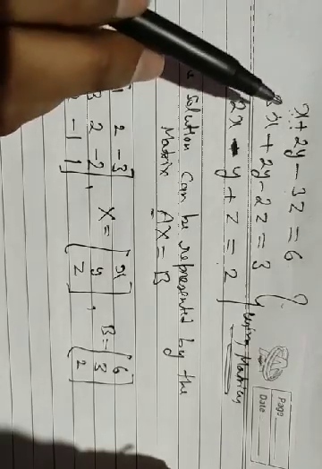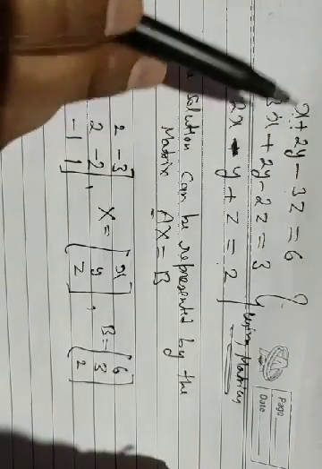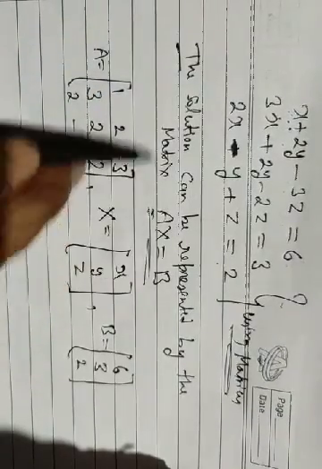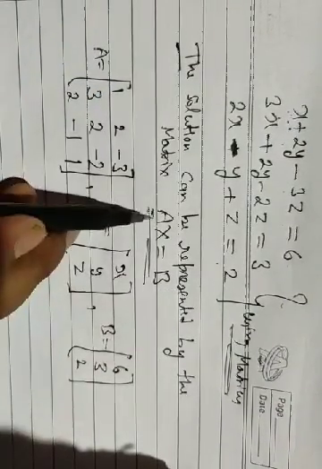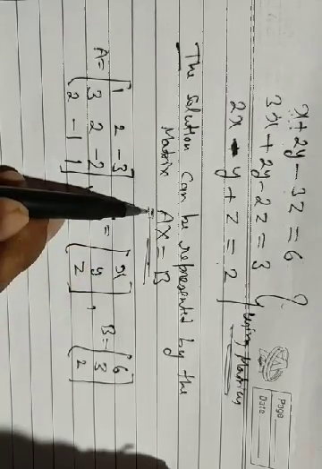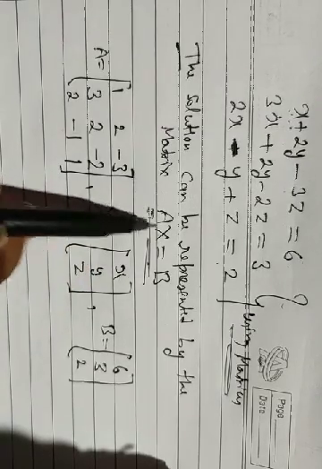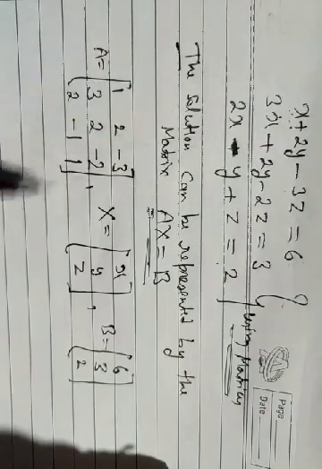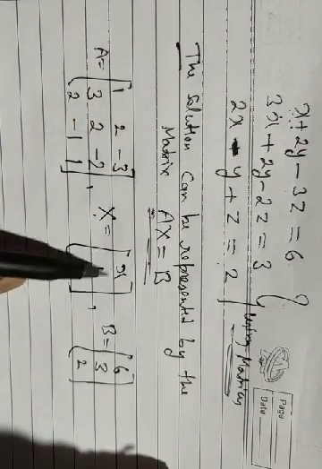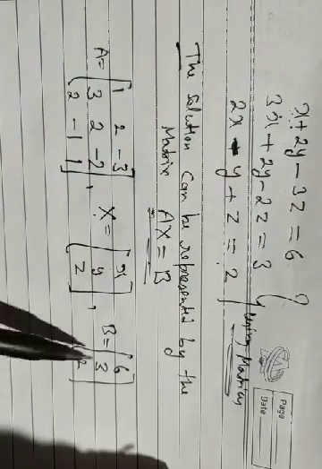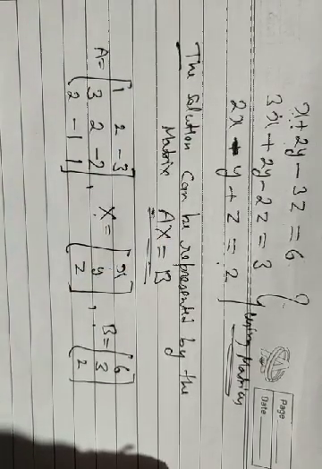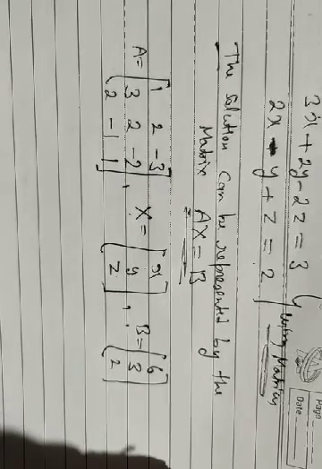When we solve a system of linear equations, we always start with the system represented by the matrix equation Ax equal to B, where A is a square matrix formed by the respective coefficients of x, y, z, X is the matrix of variables x, y, z, and B is a matrix representing the constant values 6, 3, 2.